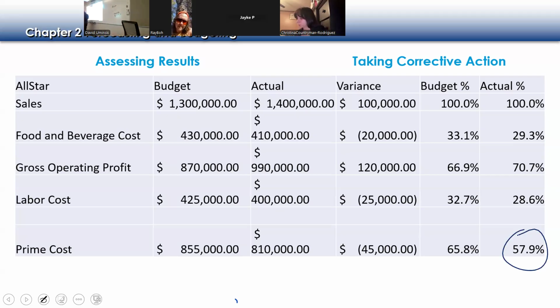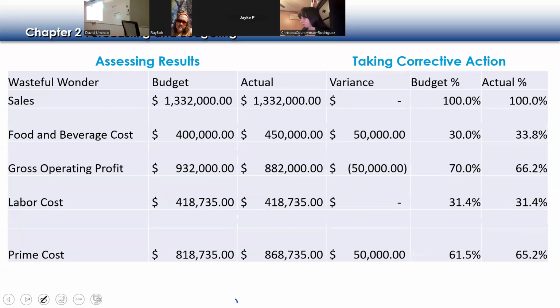Let's do another example real quick. Our sales was the same. We made exactly what we thought we were going to make. On the food and beverage, we spent $50,000 more than we budgeted. Our labor was exactly the same, which means it was our food costs that threw us out of whack.